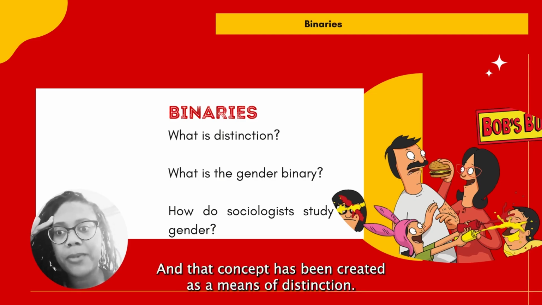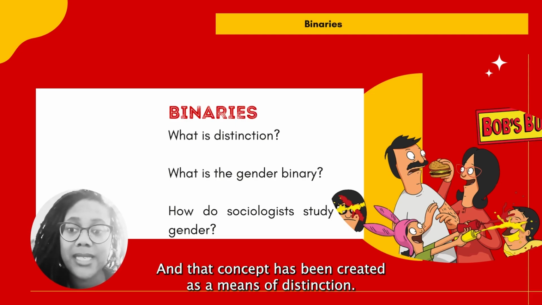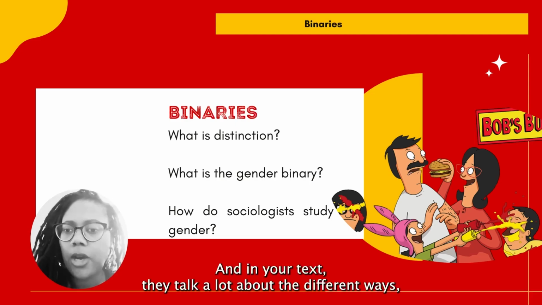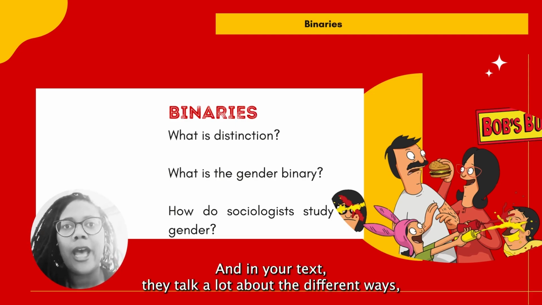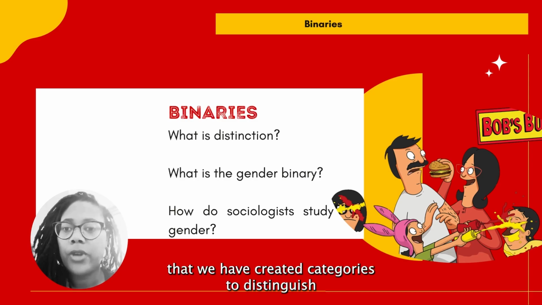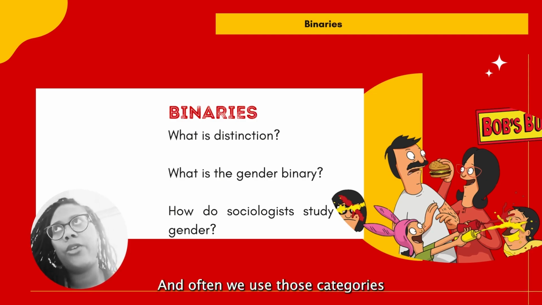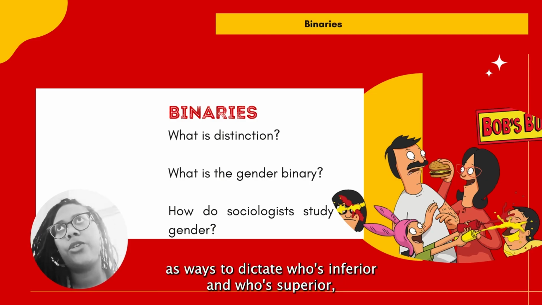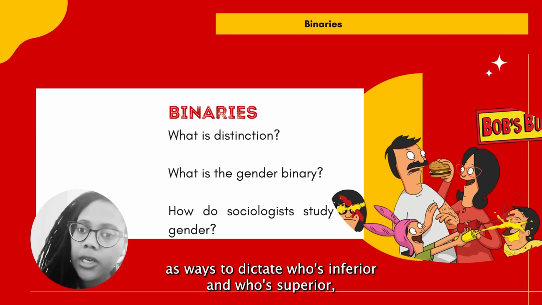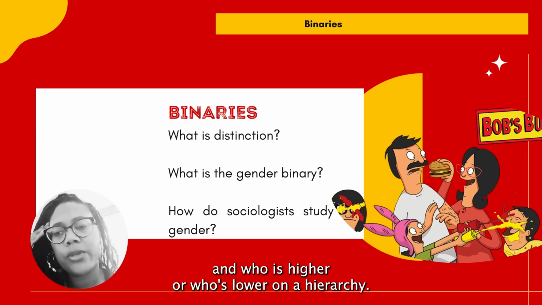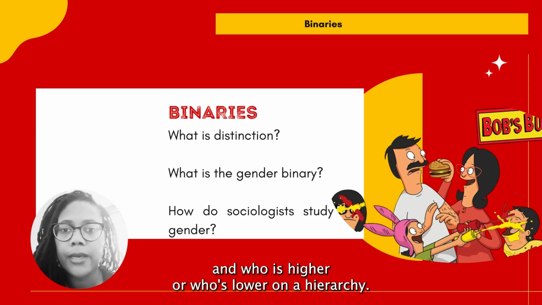And that concept has been created as a means of distinction. And in your text, they talk a lot about the different ways that we have created categories to distinguish one group or one status from another. And often we use those categories as ways to dictate who's inferior and who's superior, and who is higher or who's lower on a hierarchy.